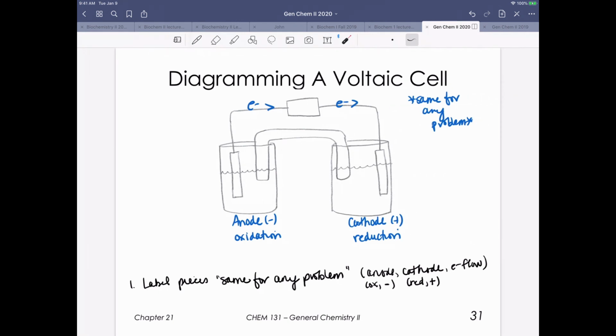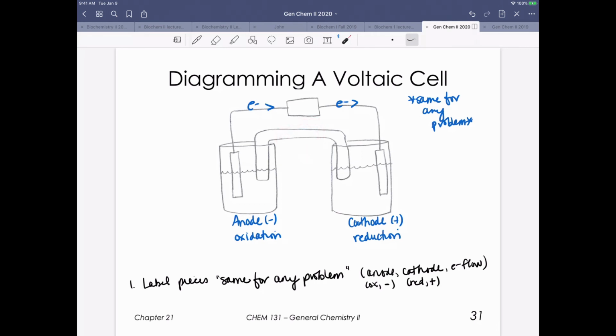All right. Anything that's going to be the same for any problem is what I've shown here in blue. We know that the anode is going to be on the left. That's where oxidation occurs. This electrode is going to be negatively charged. The cathode is going to be on the right. That's where reduction occurs. This electrode will be positively charged. Electrons always flow from right to left, and I didn't draw it on here, but we could always say that anions are going to flow to the anode and cations will flow to the cathode through our salt bridge.